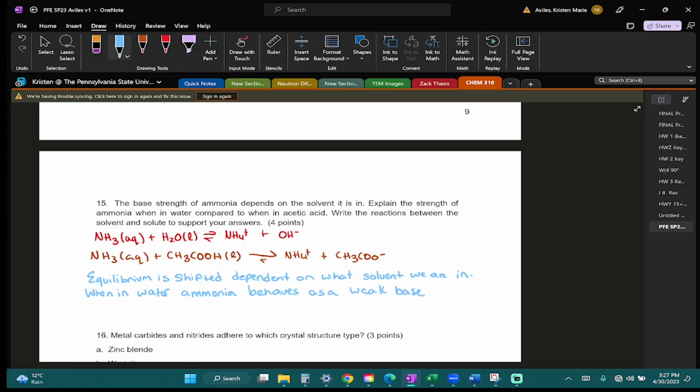However, when we run it in acetic acid, ammonia acts as a stronger base because now we're reacting it with an acid. It's more of a neutralization reaction. So that's also why the equilibrium arrow up top is drawn much larger than the one on the bottom. Like, it's a big one in the forward direction and a tiny one in the reverse direction.